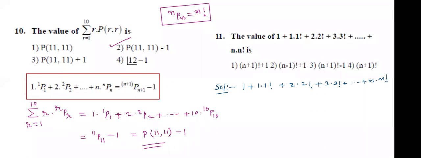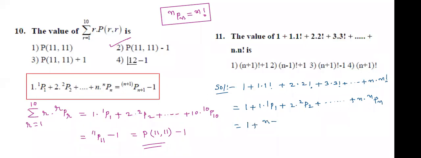So both are the same only, but here one extra is there. That is the problem. 1 plus, this we can write as 1 into 1P1, 2 into 2P2, 3 into 3P3 and so on, n into nPn. Then what is the formula? 1 plus, here onwards this is the formula.